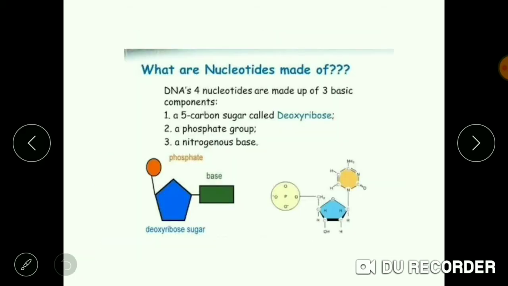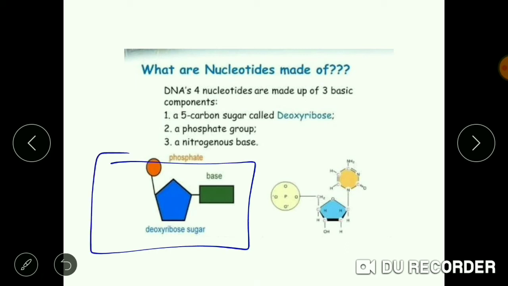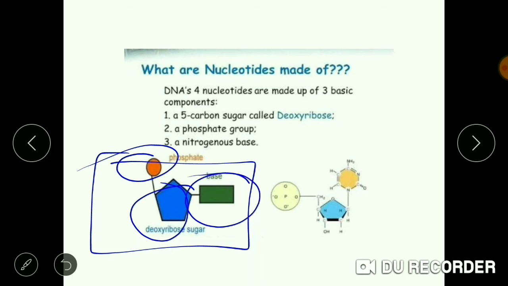So till now we studied that DNA is made up of nucleotides, and nucleotides are made up of 3 components: pentose sugar, phosphate group, and nitrogenous base. Deoxyribose sugar is used, phosphate group is used, and nitrogenous base is present.